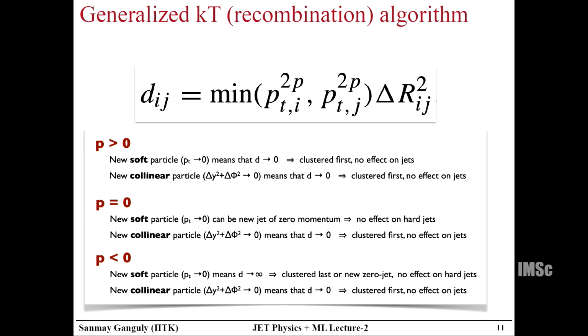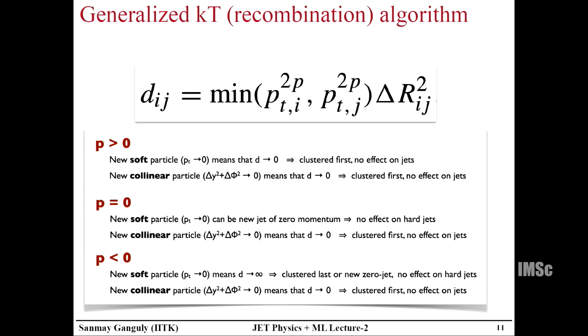And what is the role of delta Rij? For the hard particle, if there are wider angle particles, the delta Rij distance throws away the wider angle particles and picks up the ones which are in the geometric, the angular vicinity.